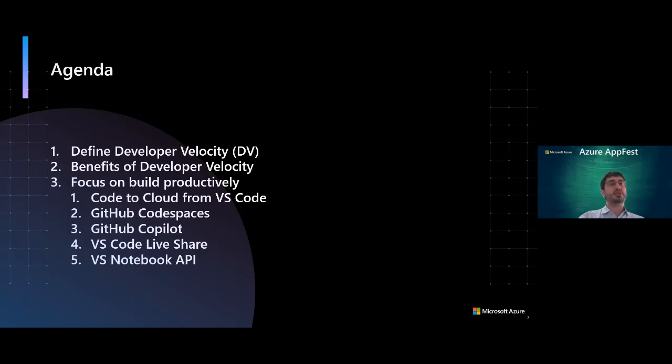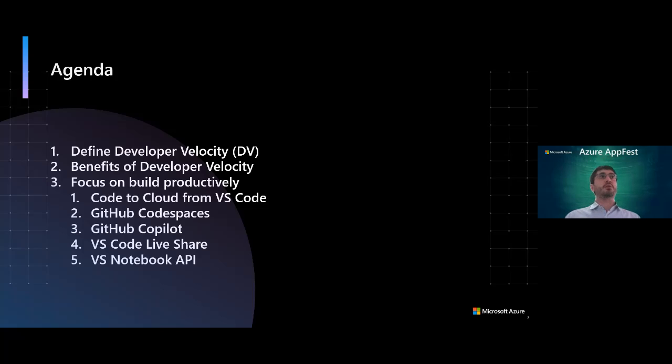So in the agenda of today, the idea is to cover an initial definition and give an idea about what developer velocity is. That is the overall umbrella for all this kind of activity related to productivity, collaboration, and how to scale innovation.